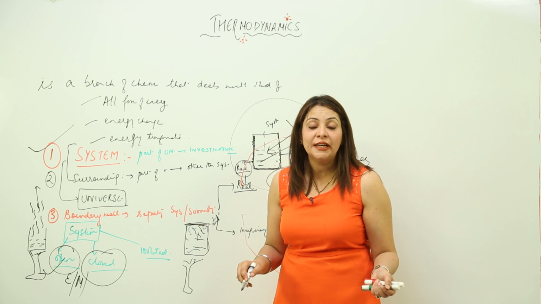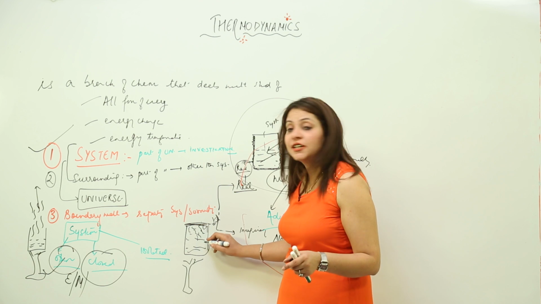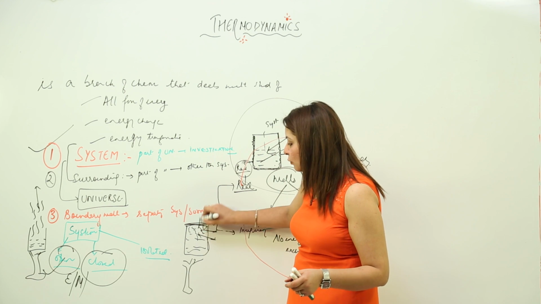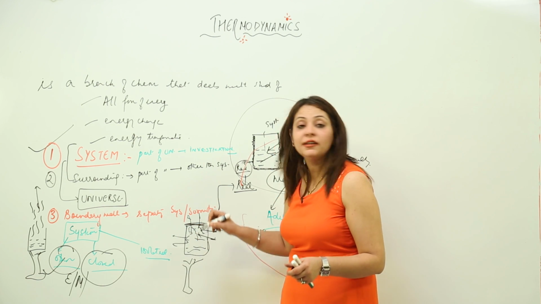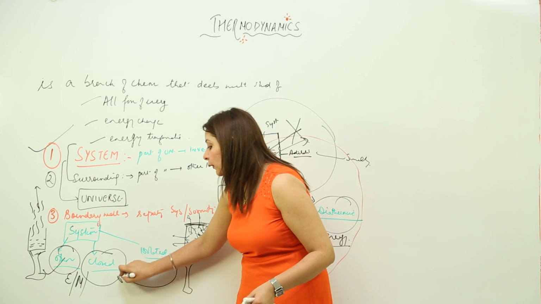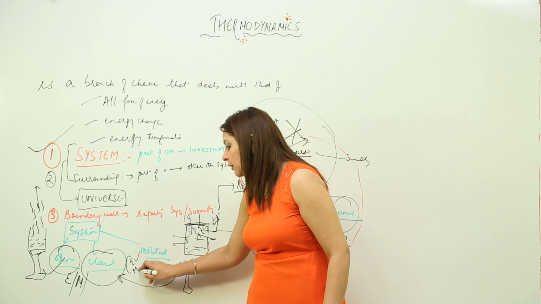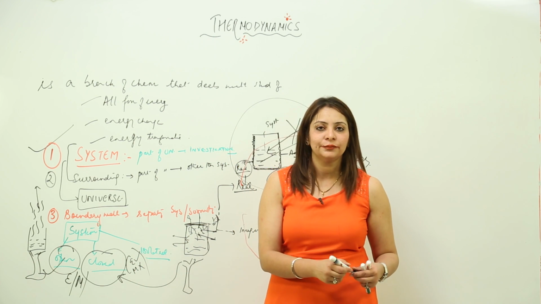Vapors cannot move outside, which means matter cannot be exchanged with the surroundings, but energy can. Heat can flow out through the lid, but matter, that is the vapor, is not able to go outside. So this is the closed system. A closed system is one which can exchange energy but definitely not matter.